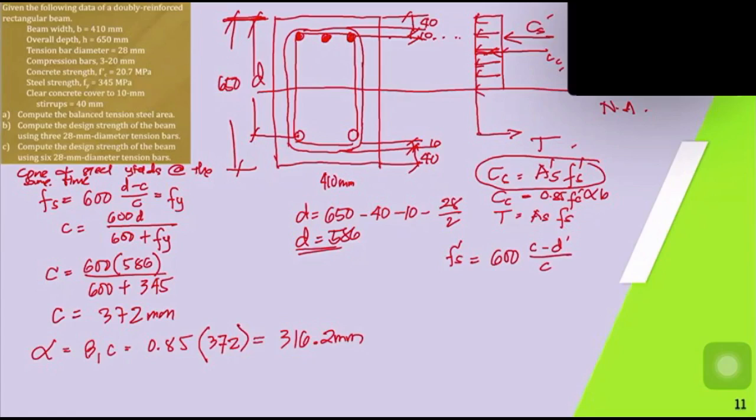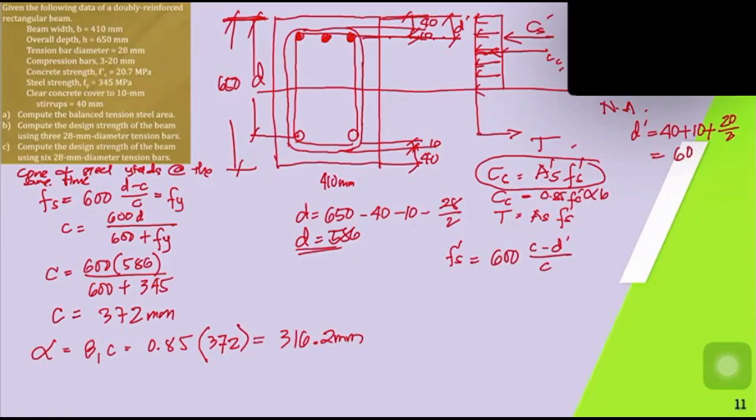It is the distance from the top to the centroid of the compression steel: 40 plus 10 plus half of the compression bars, 20/2, so 40, 50, 60.